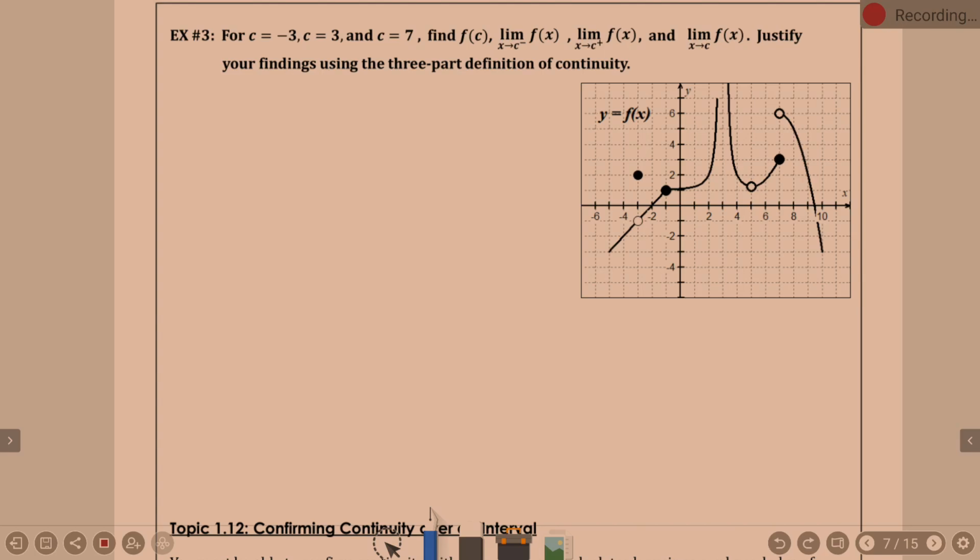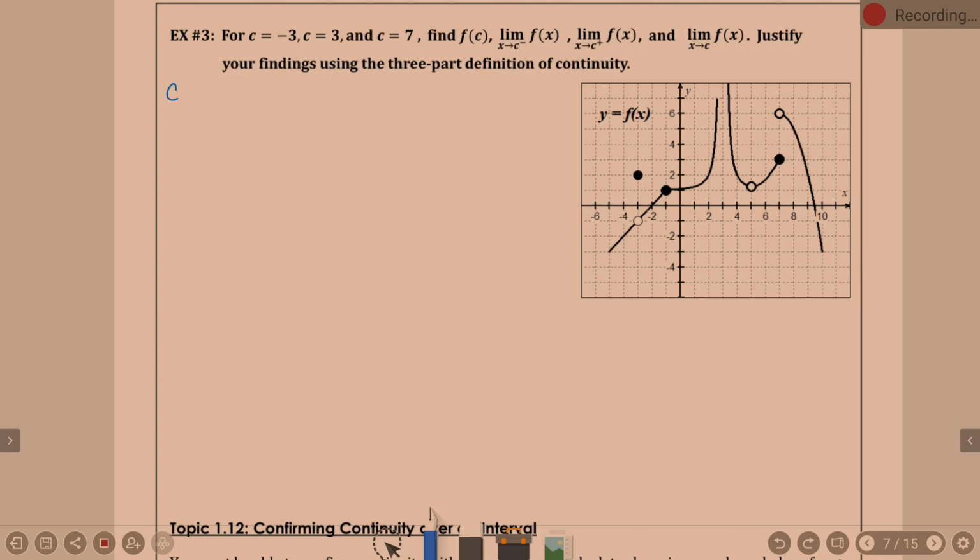We've got 3 different things going here. Find f of c, the limit from the left, the limit from the right, and the limit of c. Justify your findings using the 3-part definition of continuity. Okay, how do I want to start this?